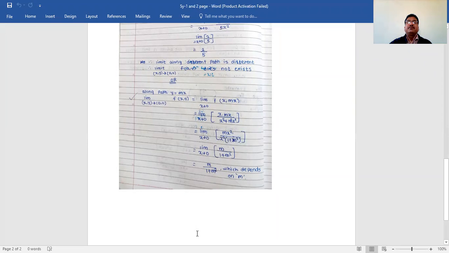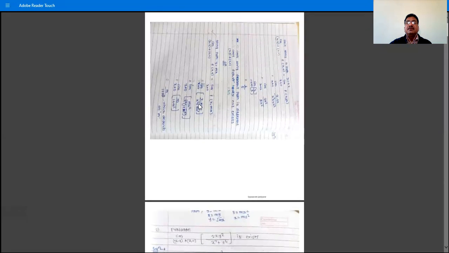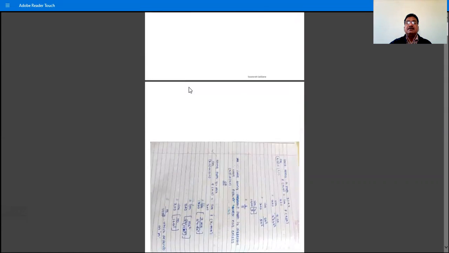Now next, write that the limit along different paths is different, which depends on m.